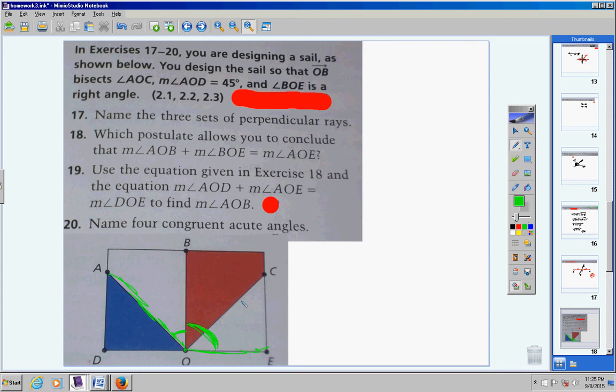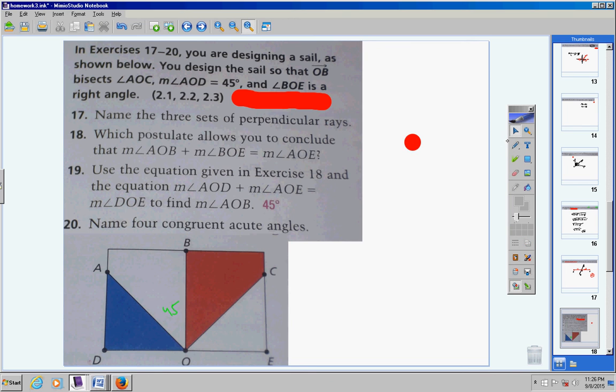We call that the angle addition postulate, okay? Now they said in number 19 to use an equation given in exercise 18. I'm not going to do that. They just simply are asking us to find the measure of angle AOB, and we already did that. AOB is 45 degrees, okay?